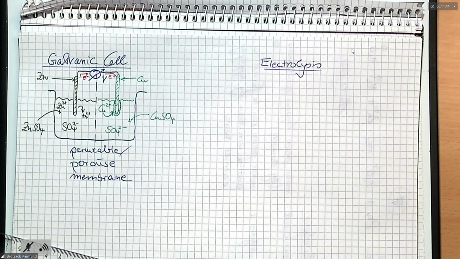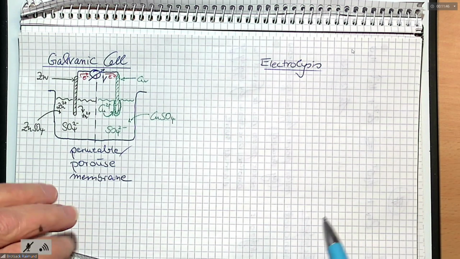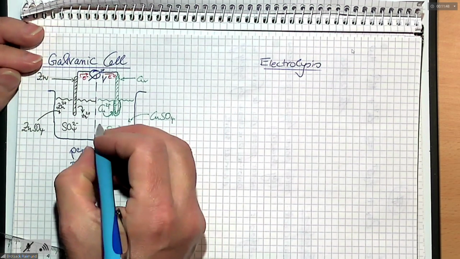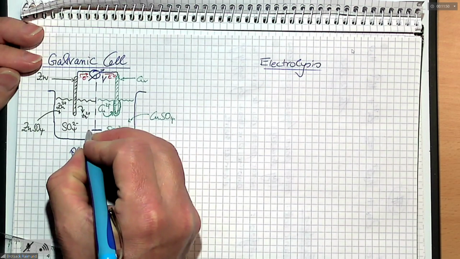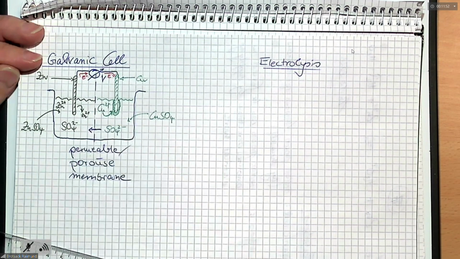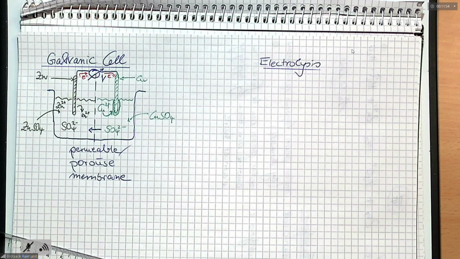For the balancing of the charges, sulfate ions can now move from the right side to the left side. Because here we take away electrons and we have more zinc 2 plus, and here we take away the copper ions and form copper.